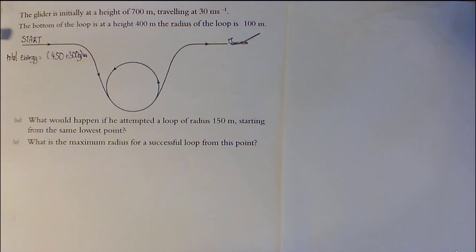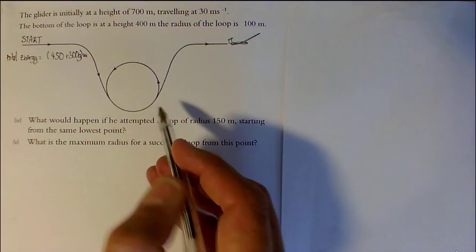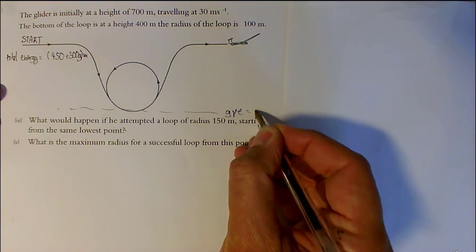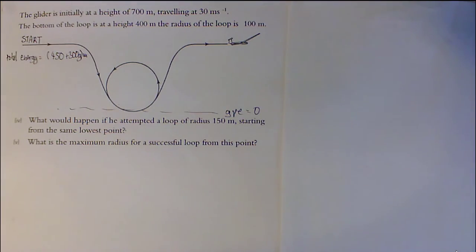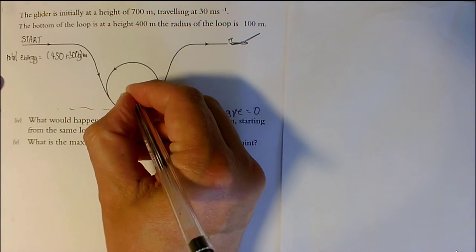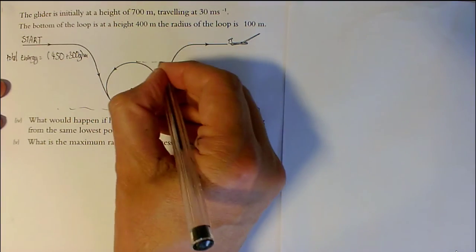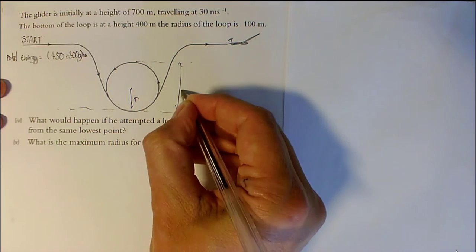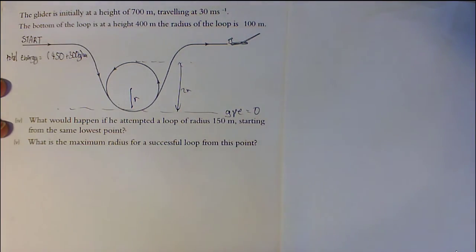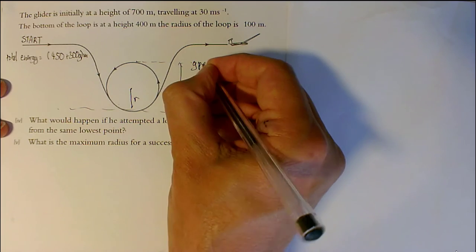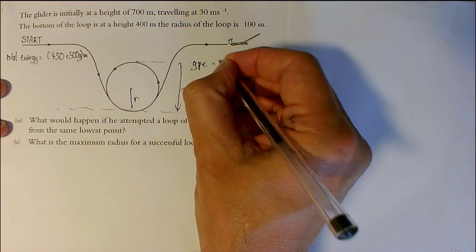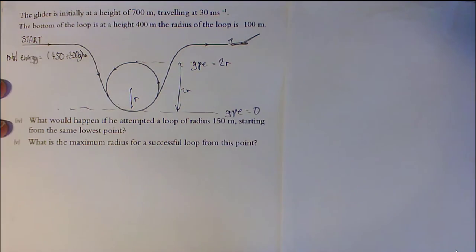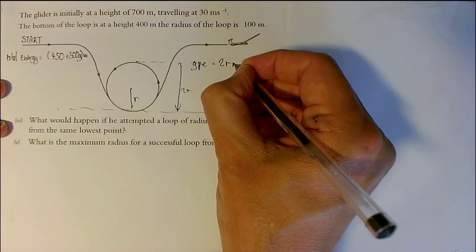Here I have the total energy of the glider at the beginning of its motion as that relative to this GPE0 down here. Now, if I'm talking about an unknown radius r, I have a height here of 2r, therefore a gravitational potential energy at this point of 2r, that's the height, times mg.